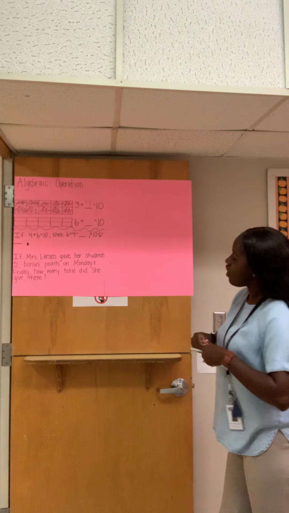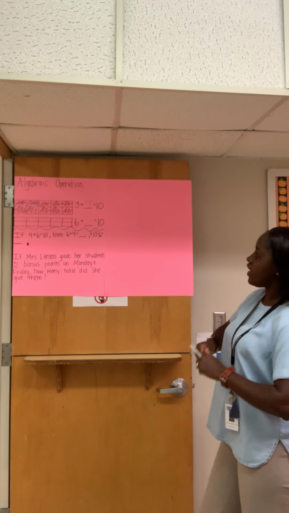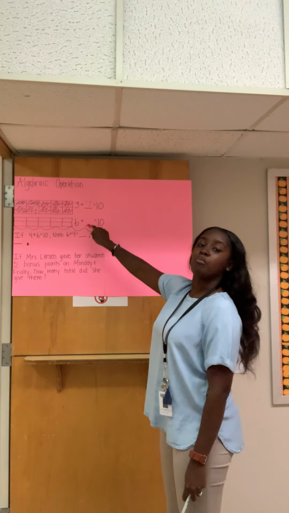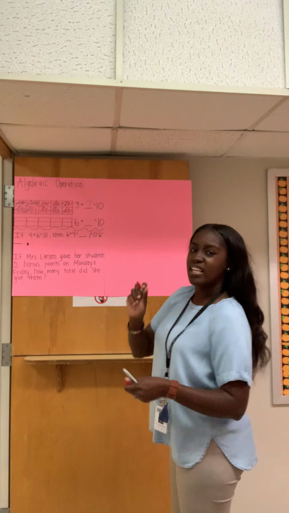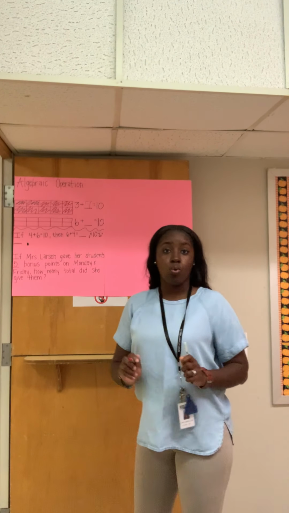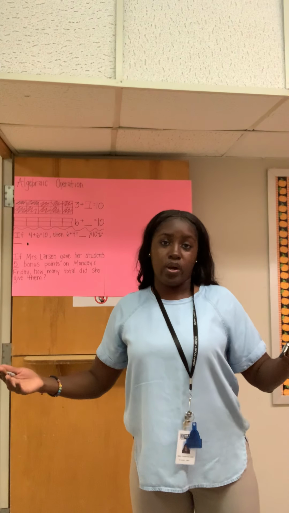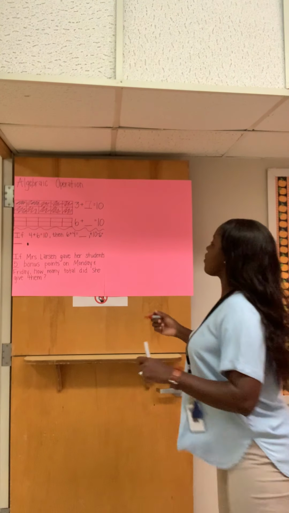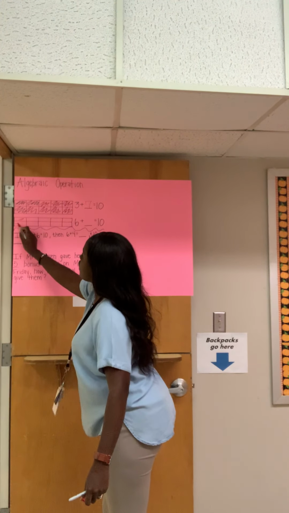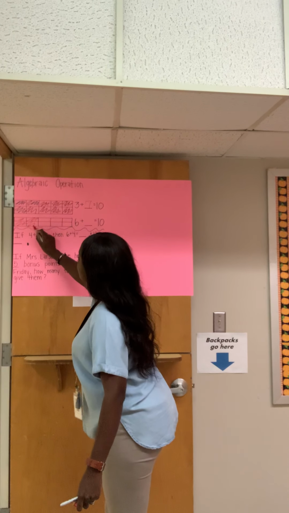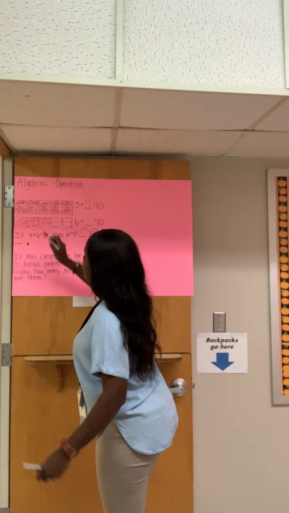Okay, now let's go to the next one. 6 plus what number will equal 10? Well, let's shade in 6 since we know we have 6 already. 1, 2, 3, 4, 5, 6.